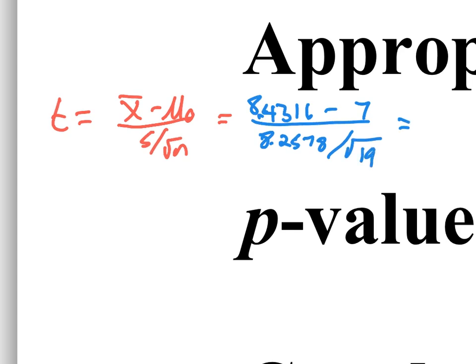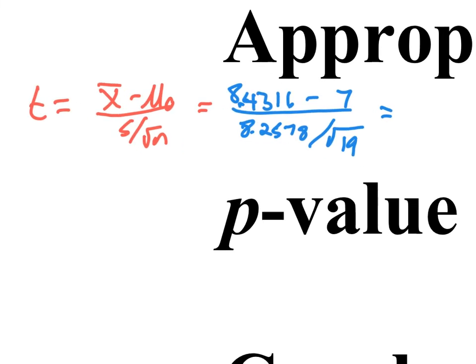Where's your calculator? Give me the numerator: 8.4316 minus 7.